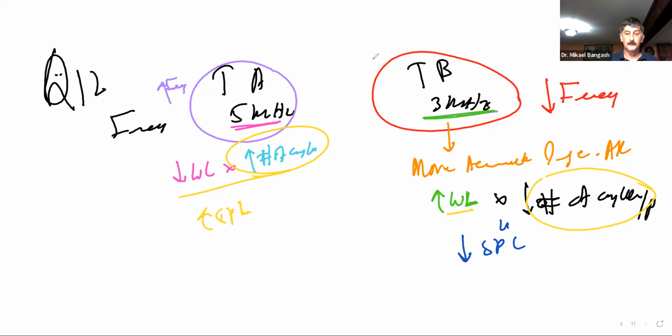So that was a little bit of a tricky question there. Although we say higher frequency is better, that higher frequency transducer could still produce a lower numerical value of axial resolution, because it has a lesser number of cycles per pulse.